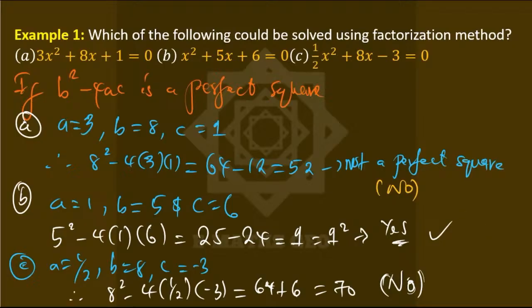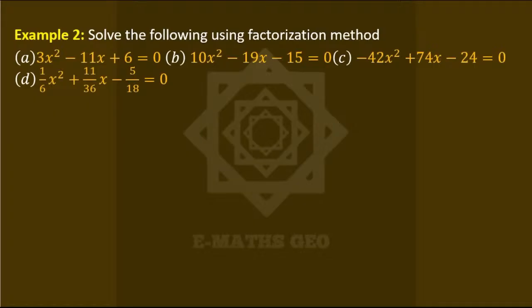Now, we've known whether a quadratic equation will be solved by factorization. So let's now solve by factorization. So look at the second example. It says solve the following using factorization. So this one, they know that it's factorizable.